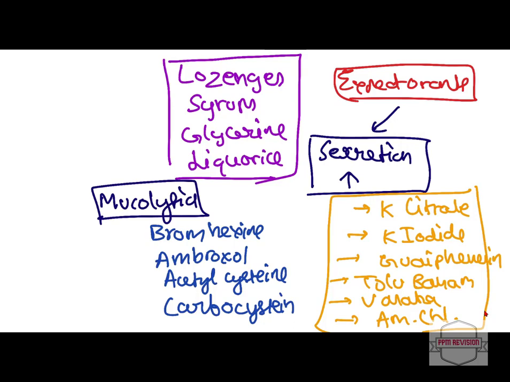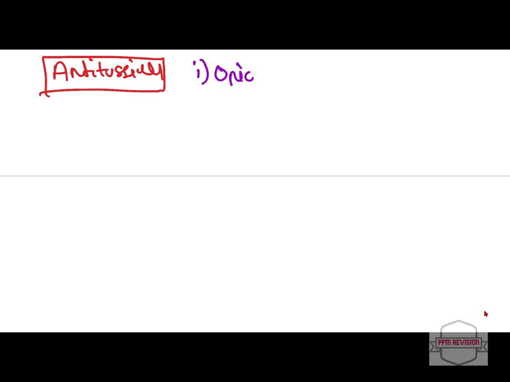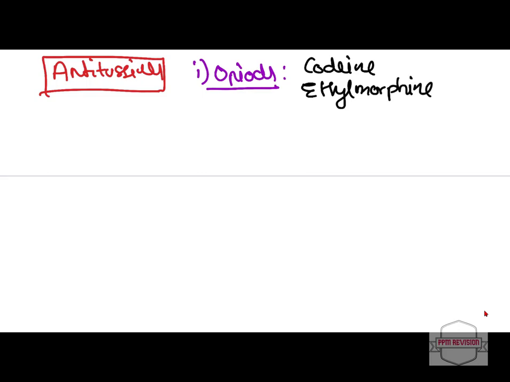So now moving ahead, we will be looking at the other category, that was antitussives. And antitussives are further divided into opioids. Under these opioids there is codeine, ethylmorphine, as well as pholcodine.